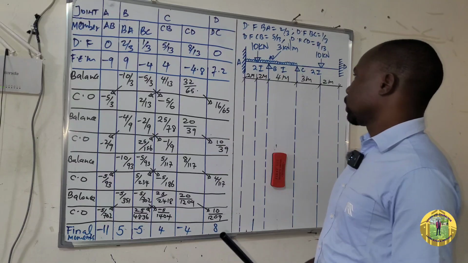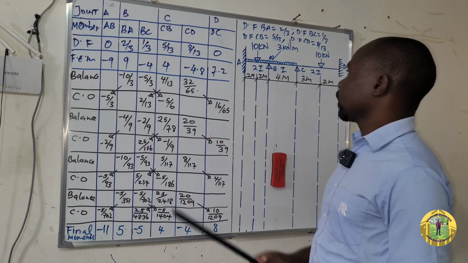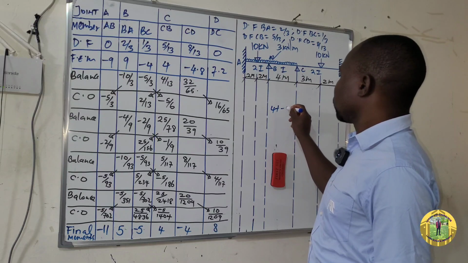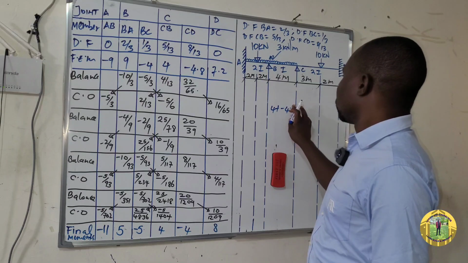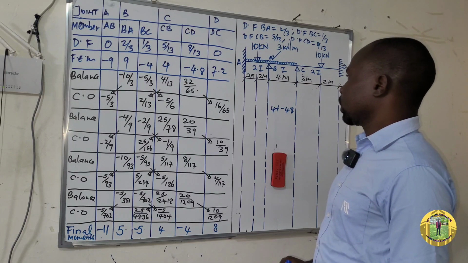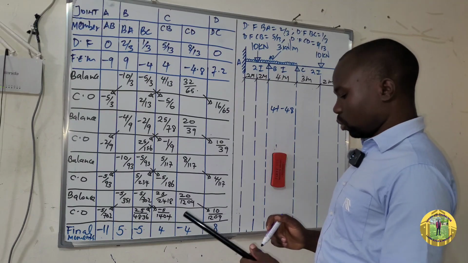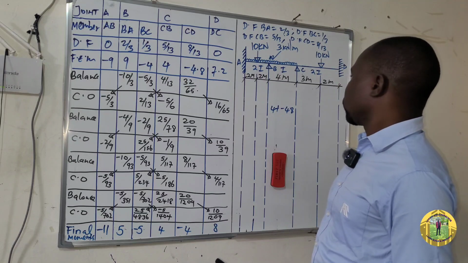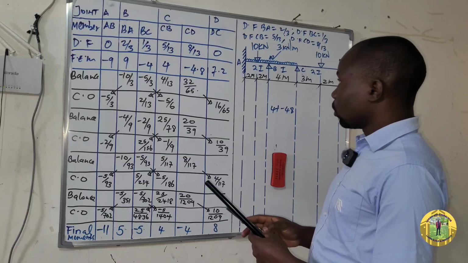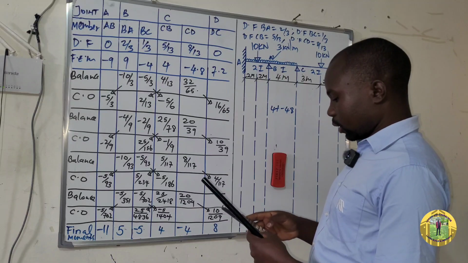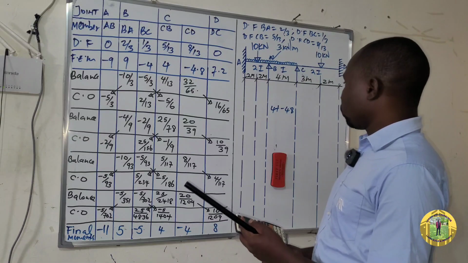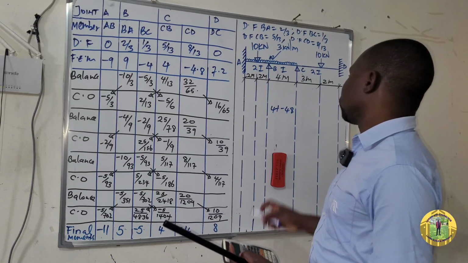Again, do the same. Take 4 plus -4.8. So what will be the answer? Of course, the answer is not equal to 0. If you take 4 plus -4.8, you get -4/5.